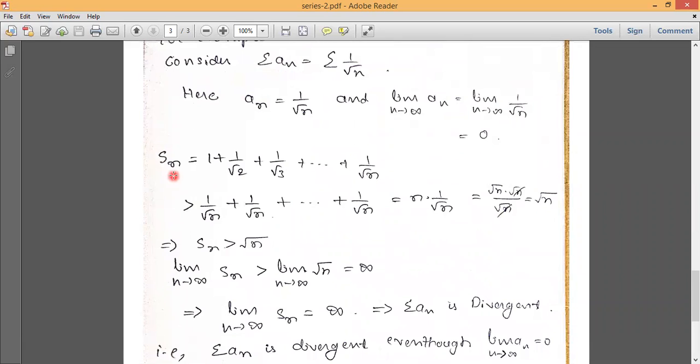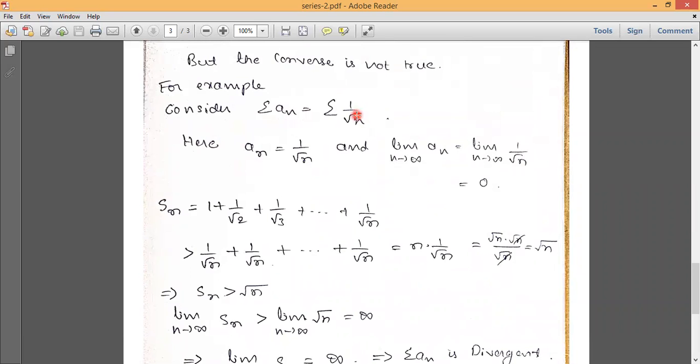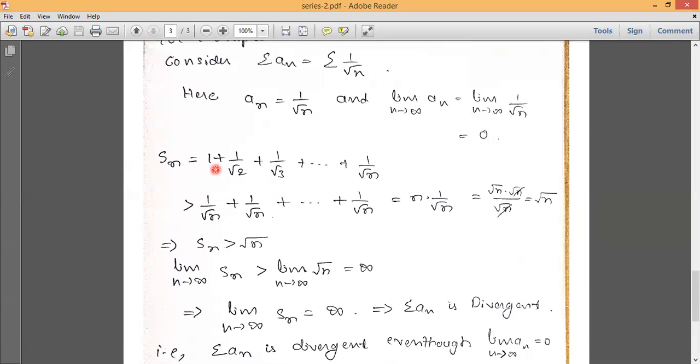But consider Sn. Sn is nothing but the nth partial sum of this series, which is 1 plus 1 over root 2 plus 1 over root 3 plus etc plus 1 over root n. Clearly we can see that each term of the series is greater than or equal to 1 over root n. So this sum is greater than 1 over root n plus 1 over root n plus etc plus 1 over root n.